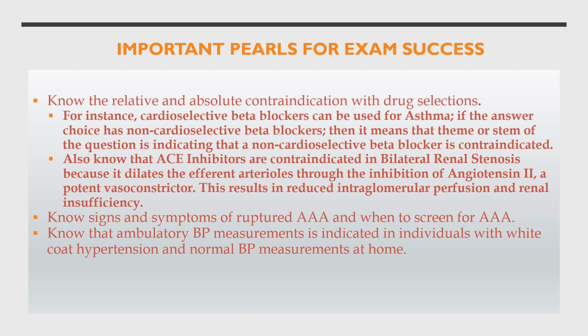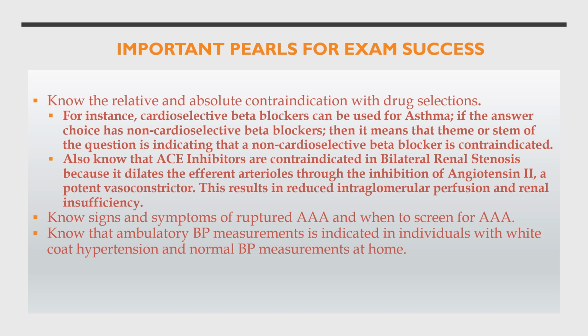Also know that ACE inhibitors are contraindicated in bilateral renal stenosis because they dilate the efferent arterioles through the inhibition of angiotensin II, a potent vasoconstrictor. This results in reduced intraglomerular perfusion and renal insufficiency.